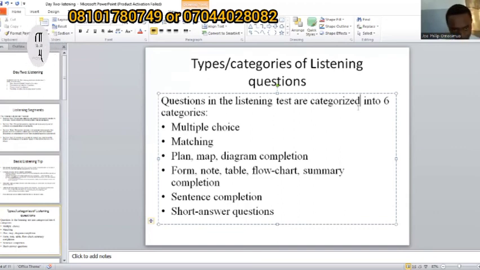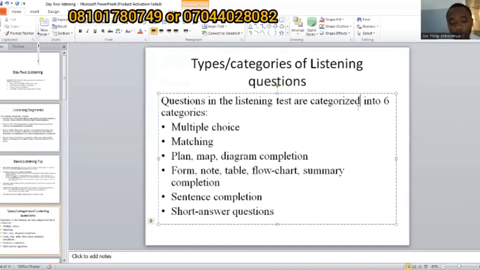So let's move on. The six categories are multiple choice questions. That's one. The other is matching. The third is plan, map, and diagram completion.